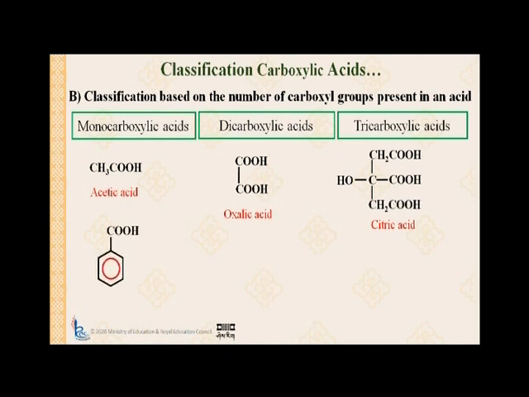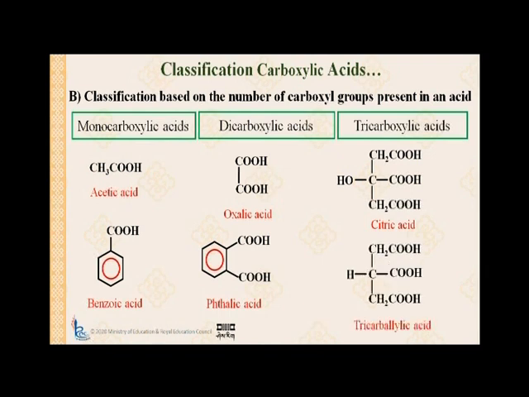More examples: benzoic acid has only one COOH or carboxyl group, phthalic acid has two carboxyl groups, and tricarballylic acid has three carboxyl groups. So this is the classification based on the number of carboxyl groups present in an acid.